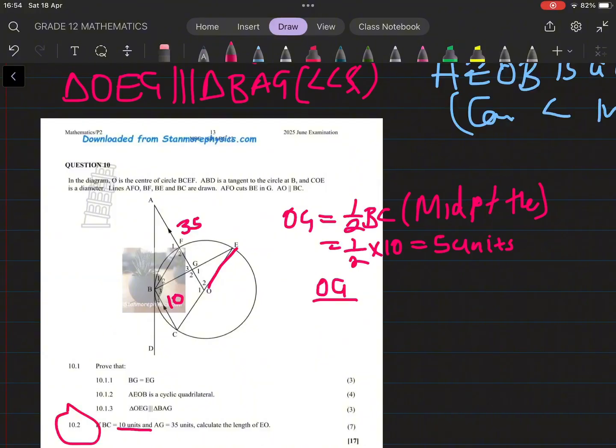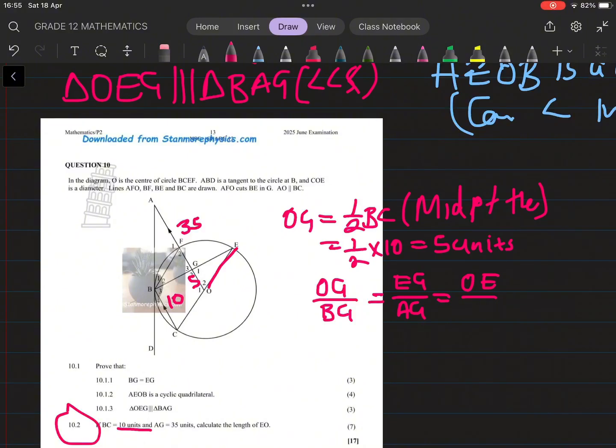Then, right, our OG now, looking at the similar triangles proven in 10.1.3, OG divided by BG will be equal to OE or EG divided by AG, which is the same thing as EG or OE divided by BA.